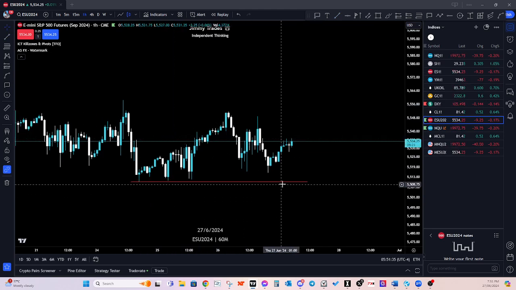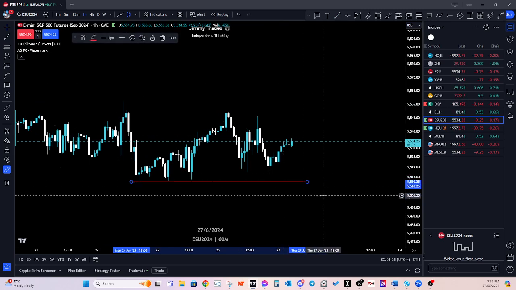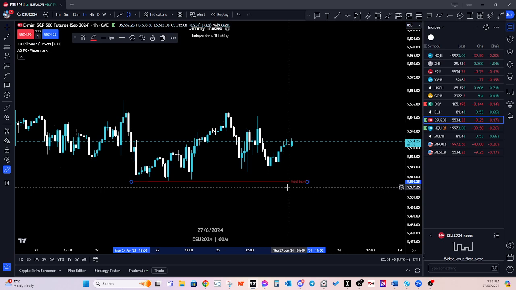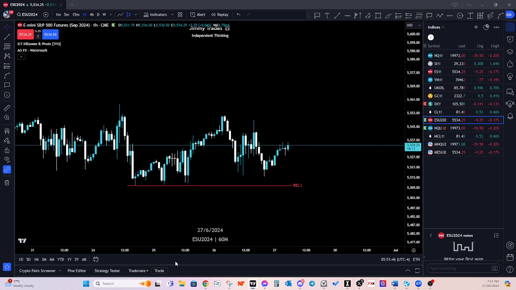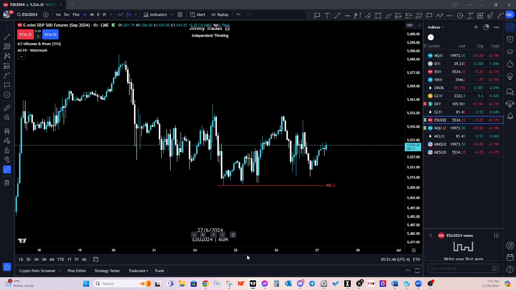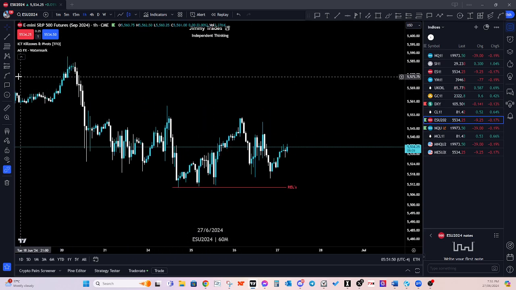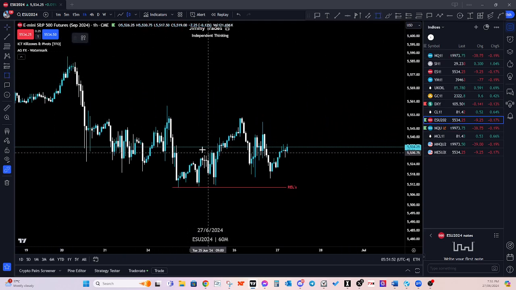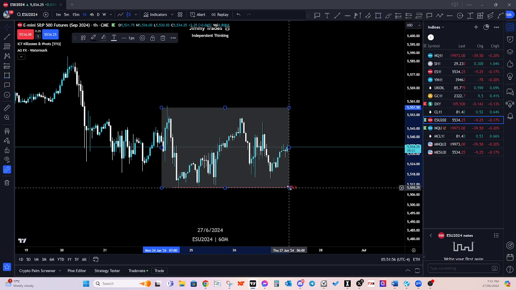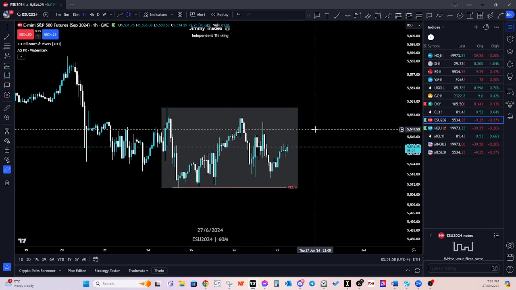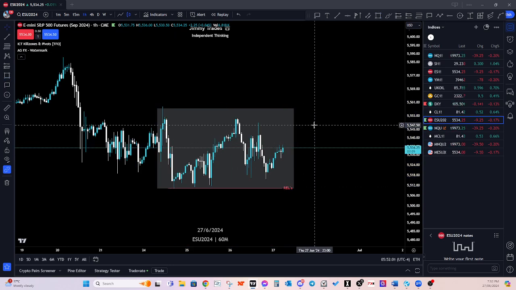That acts as a strong draw on liquidity generally. What I don't like at the moment, or there's nothing clear for me here, we're just in a bit of a range, the way I see it.